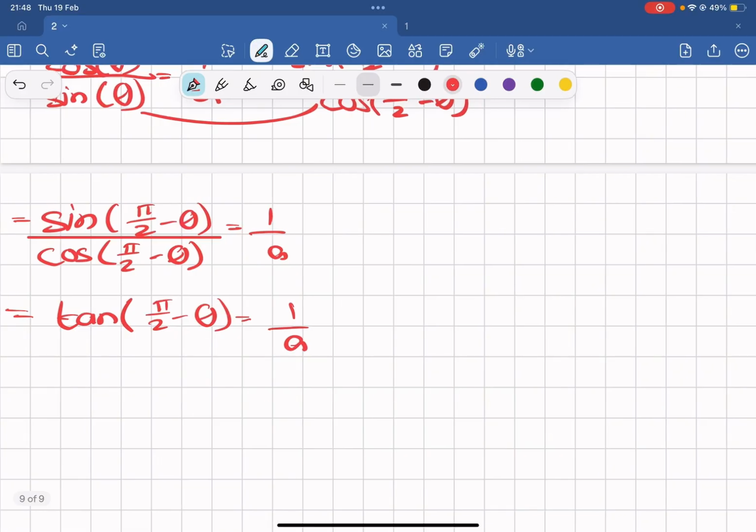And from here, we can take arctan of both sides. So this should be an implies.